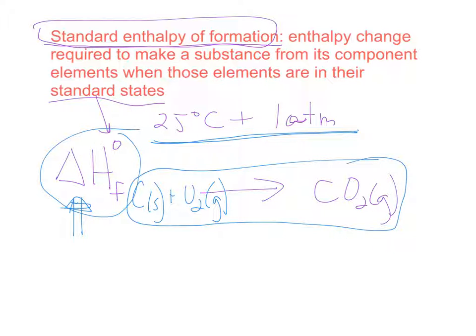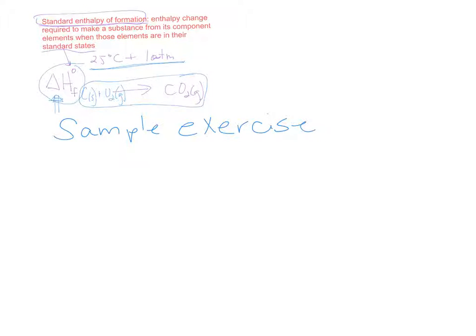So let's do the sample exercise on almost the second to last page. Our sample exercise says, for which of these reactions at 25 degrees Celsius does the enthalpy change represent a standard enthalpy of formation? For each that does not, what changes are needed to make an equation whose delta H is an enthalpy of formation?